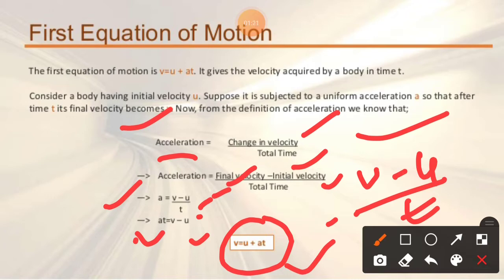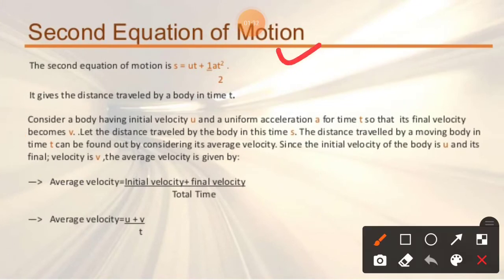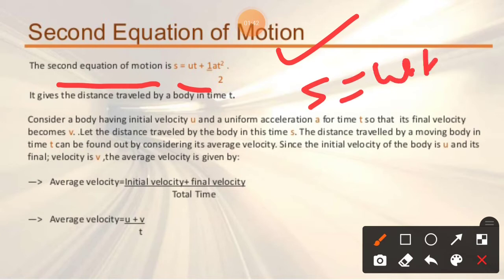So we can say that the first equation of motion is related to the acceleration of the body. Now we are going to discuss the second equation of motion, which is s = ut + (1/2)at².